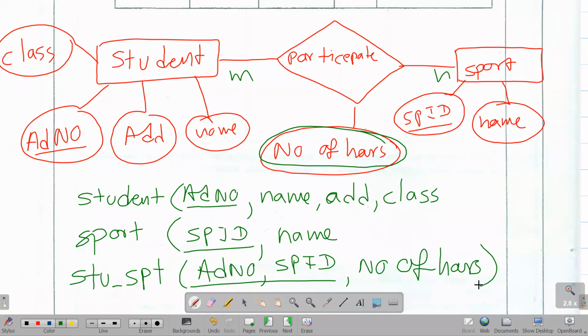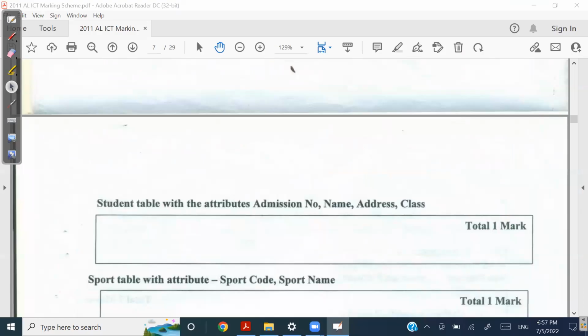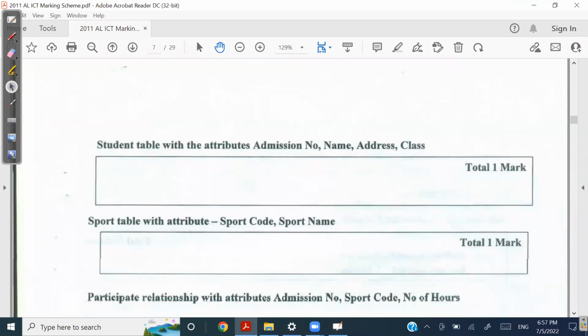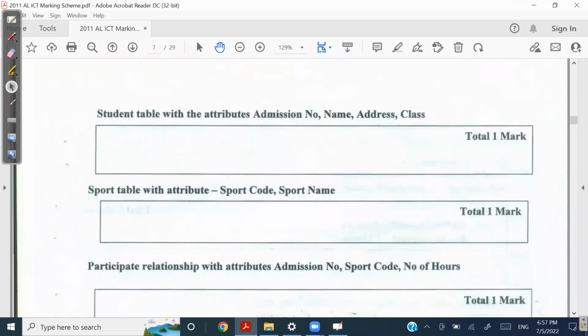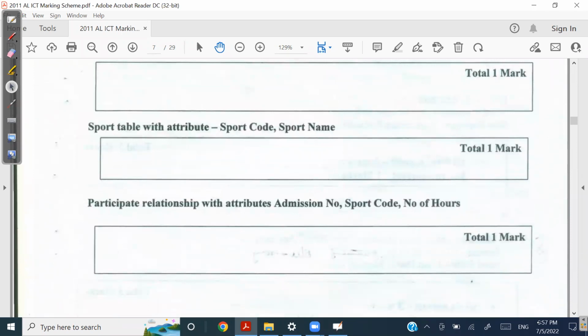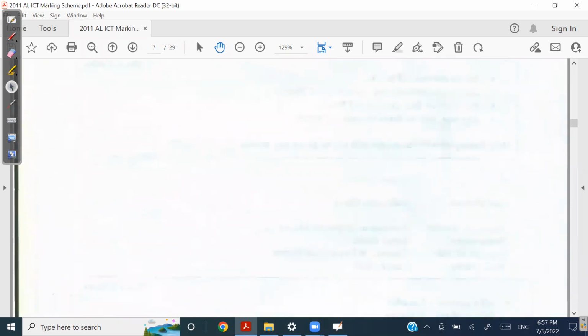So this is going to be the proper modification for that particular scenario. If you have given this properly, you will be given the marks. So 3 marks are given for that.